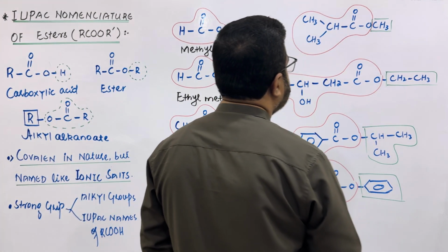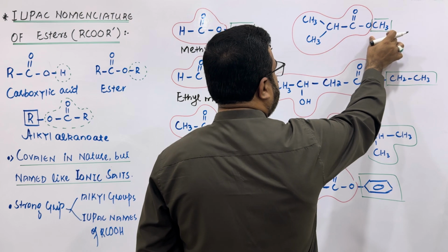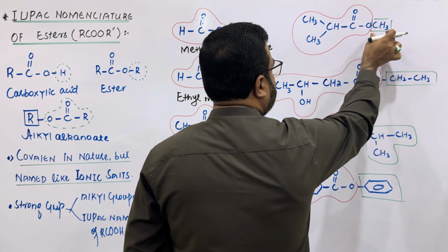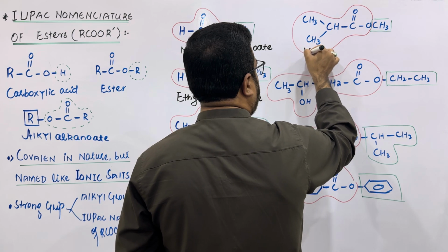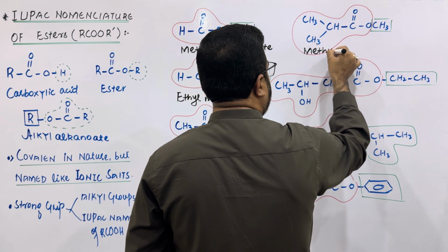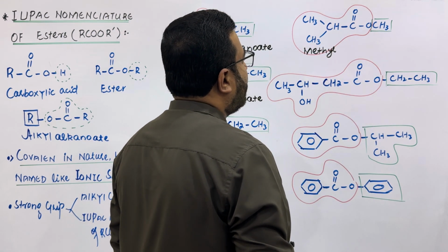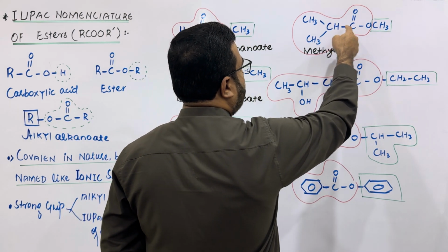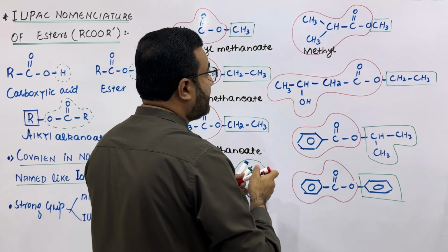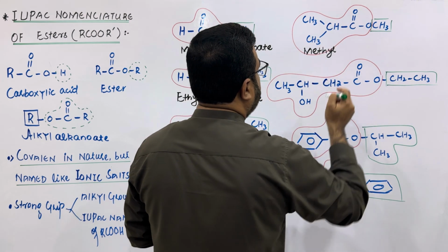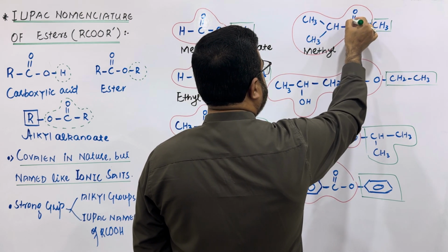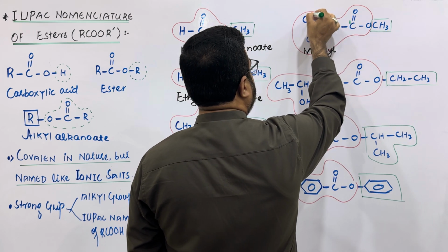Now my dear students, again in this ester, it is a somewhat complex ester. This is the alkyl group, that is methyl, so it will be methyl. Now, this portion is from carboxylic acid, which shows that it has three carbon atoms in its chain. These are the three carbon atoms, 1, 2, and 3.